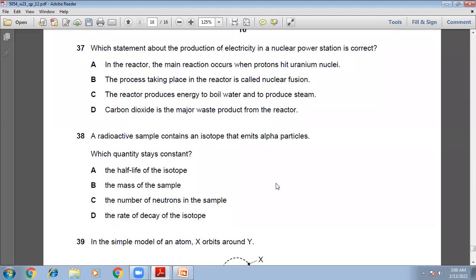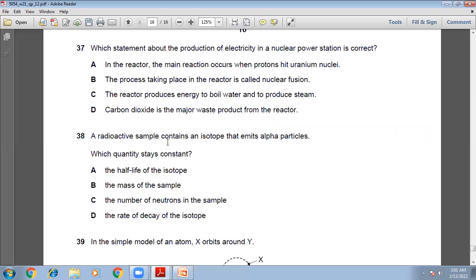Which statement about the production of electricity in a nuclear power station is correct? In the nuclear power station, the process of fission takes place, and for that we bombard the uranium atoms with neutrons. So, in the reactor, the main reaction occurs when protons hit uranium nuclei. That's wrong.